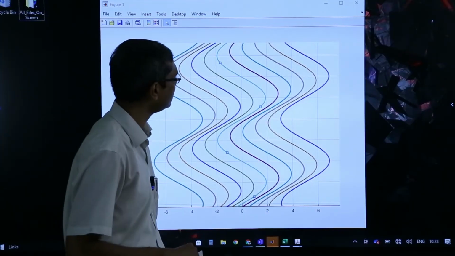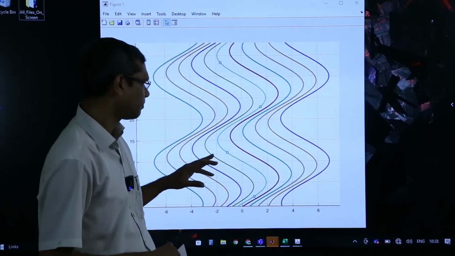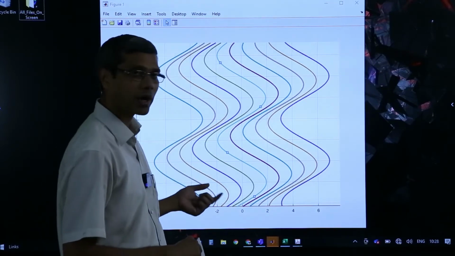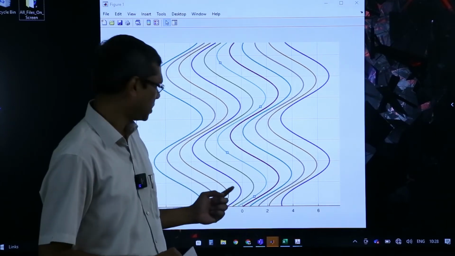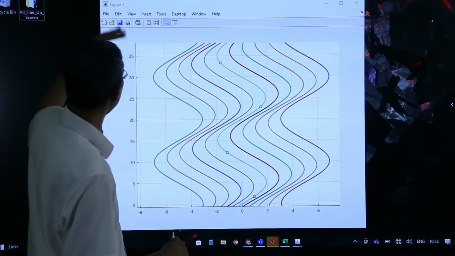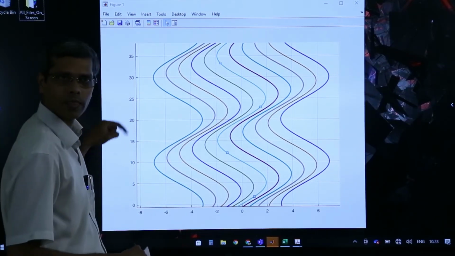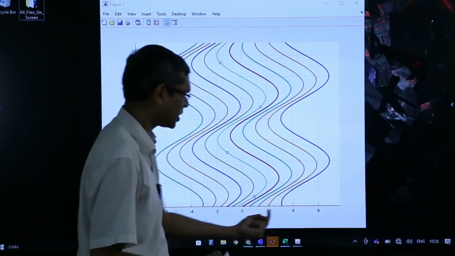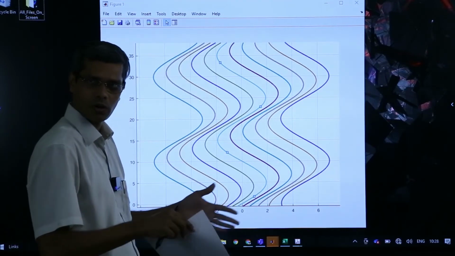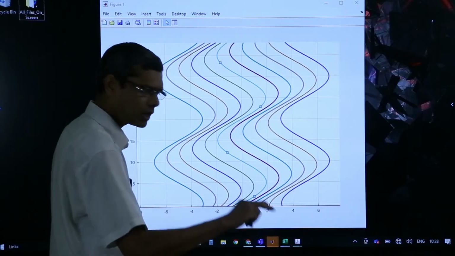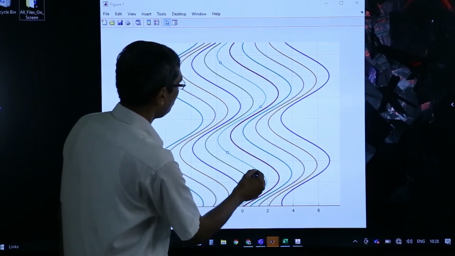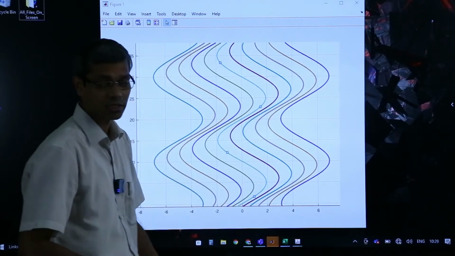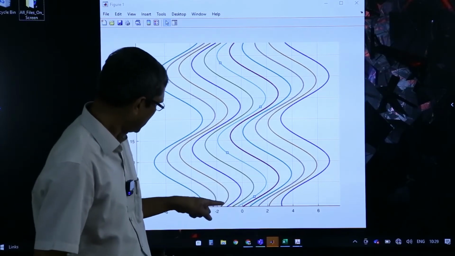This is the curve, many curves for many particles which have been drawn. The same displacement function has been plotted here. This side is time, this side is their locations on that tube. Each of these curves tells you something.